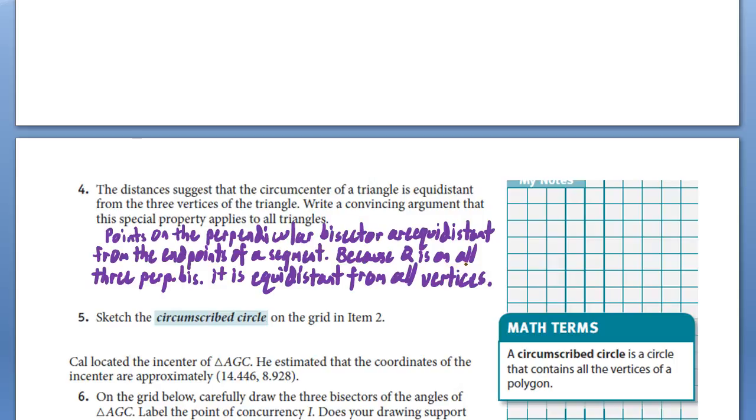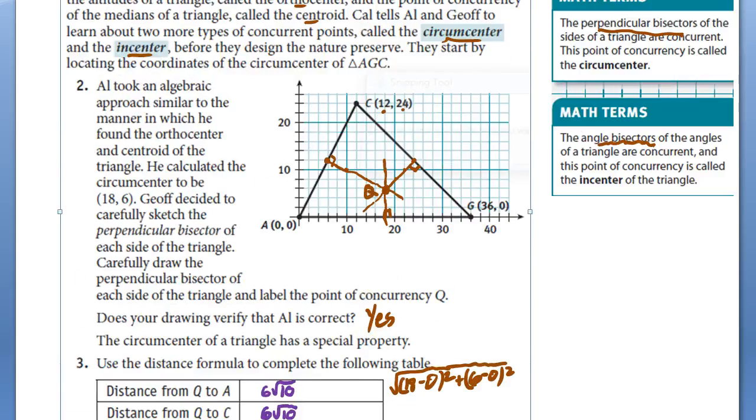Problem 5, we're asked to draw the circumscribed circle on the grid on the previous page. A circumscribed circle is a circle that contains the vertices of a polygon. So we're going to go back to this triangle, draw a circle on the grid that will go through that vertex, and that vertex.